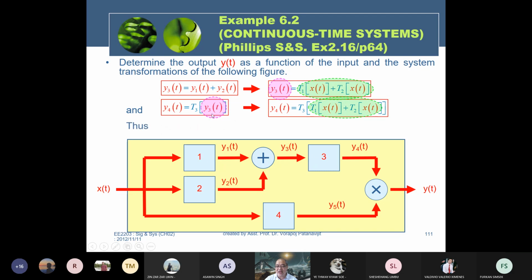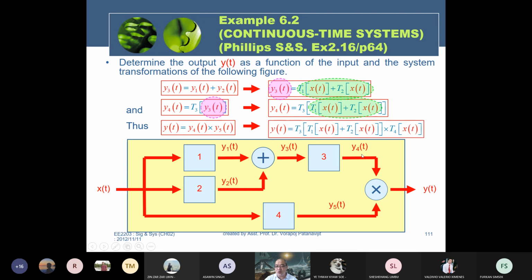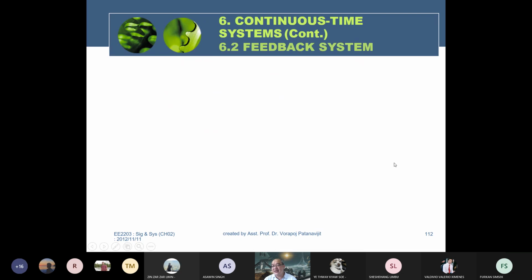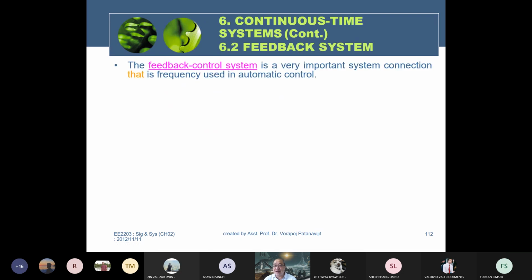Substitute them into y4 and you get this. Next, the overall output y equals y4 plus y5, multiplied together, as you can see. Therefore, you substitute y4 here, and y5 equals the transformation of block 4 on the real input. This is from the abstract point of view.